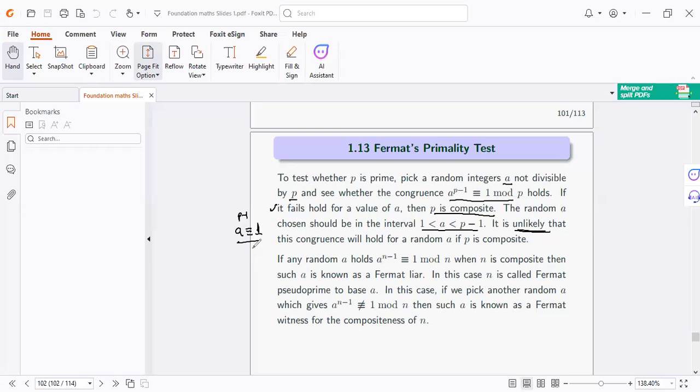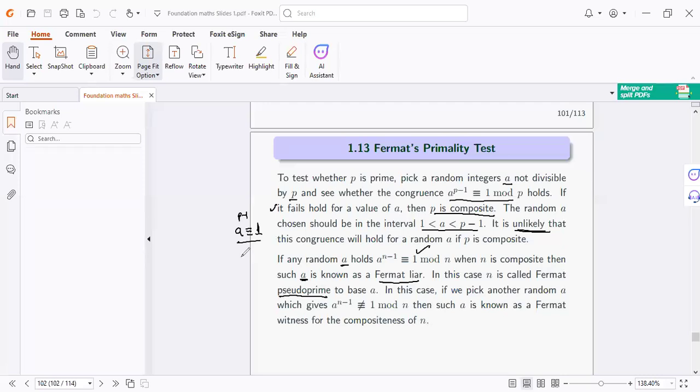But there are cases where that happens, and there are very few cases. So I've said that if any random number A holds this when P is composite, then we call such A a Fermat liar. In this case, N will be called a pseudo-prime.